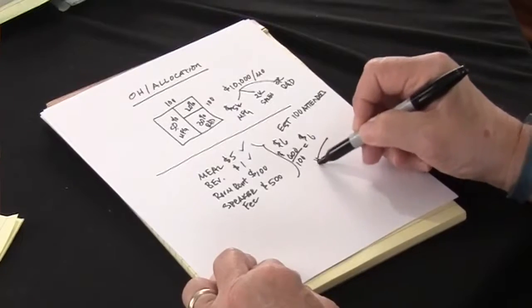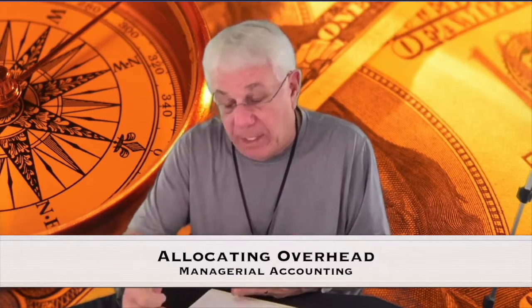So we would charge $12 for every attendee, and they would be able to listen to the speaker, and we would break even. If more than 100 people come, we're going to make some money, and if less than 100 people come, we're going to lose some money. But the point is, I'm allocating based upon attendees, whereas in this other one, I allocated based on square footage.